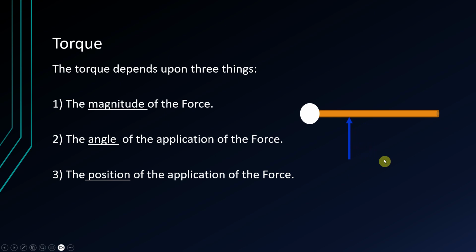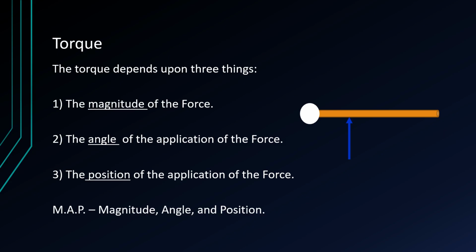So the radius value is going to be our distance from the location of rotation, right? So you could think about that as the pivot point to the application of the force. Things like the angle and magnitude are going to impact that force perpendicular.